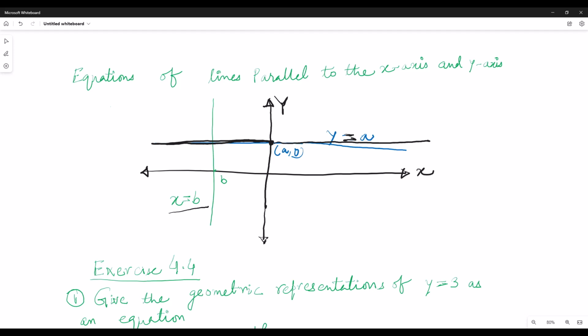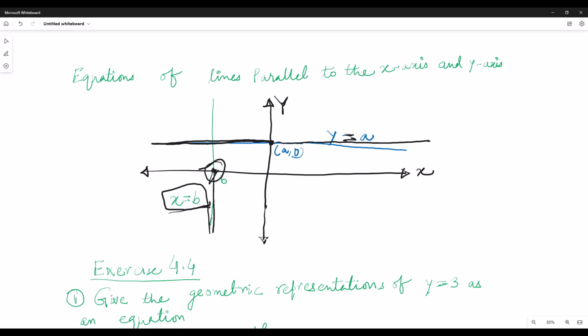Likewise, for x equals b. On this line, x is b, and the value of y is changing, but the value of x is not changing, because this line is parallel to the y-axis.